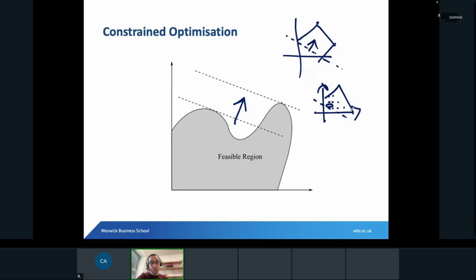That's something we don't like. When you never leave the feasible region, that helps us find the optimal solution faster.